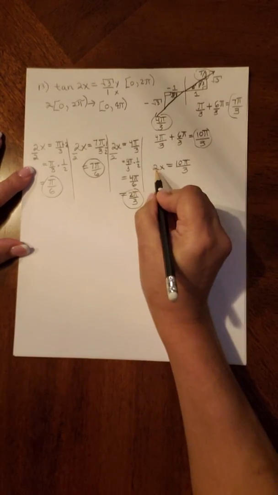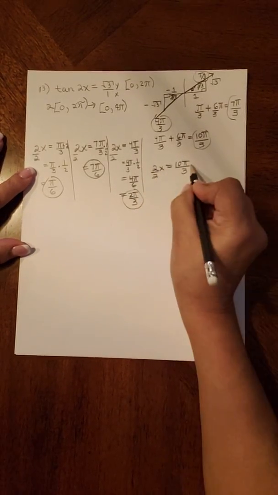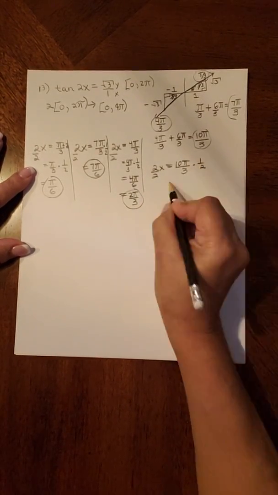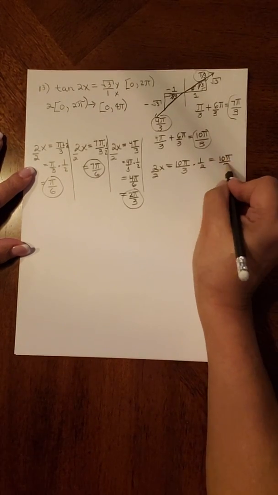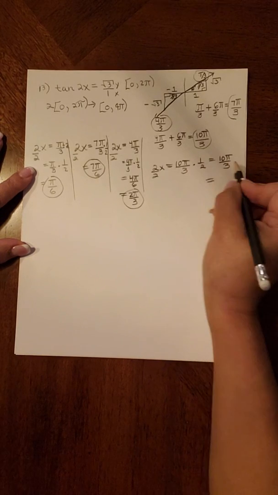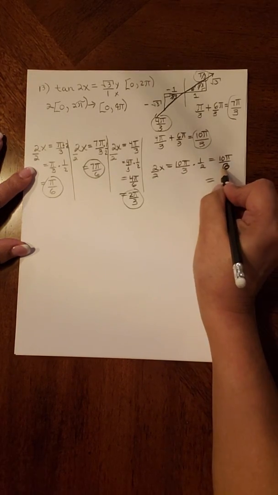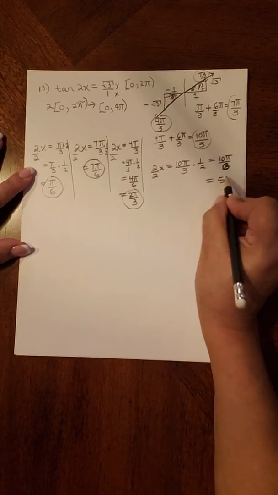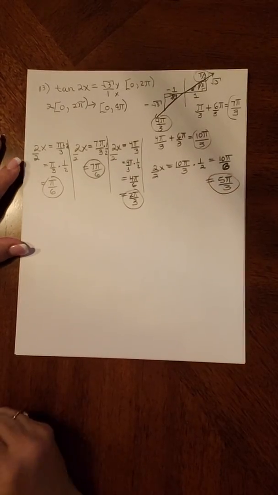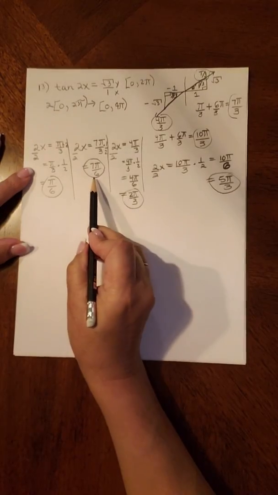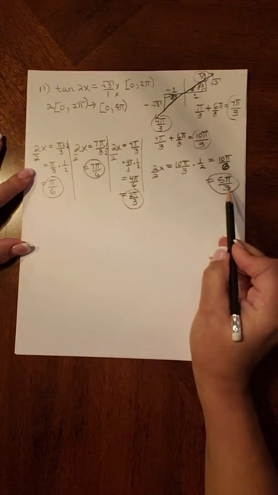So third true solution, last one, divide by 2, divide by 2, and you get 10 pi over 3, or 10 pi over 6, excuse me, and that reduces to 5 pi over 3. And there's the 4 final solutions: pi over 6, 7 pi over 6, 2 pi over 3, and 5 pi over 3.